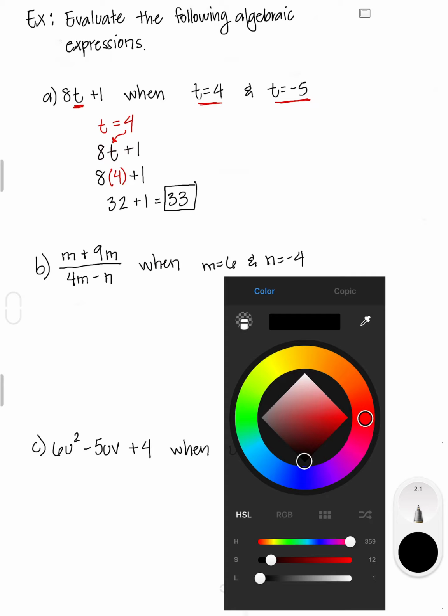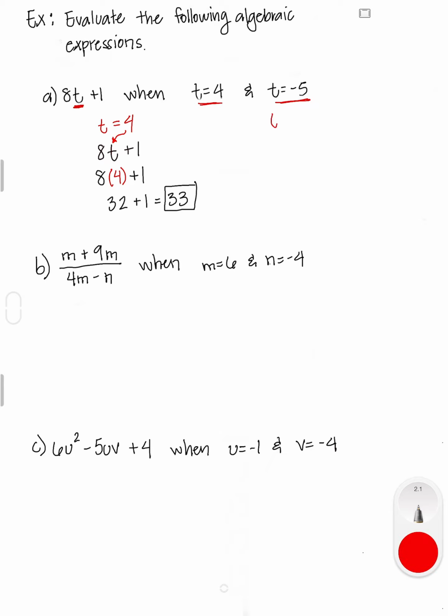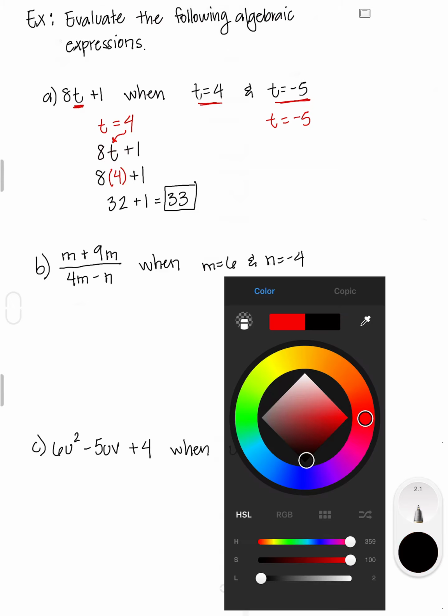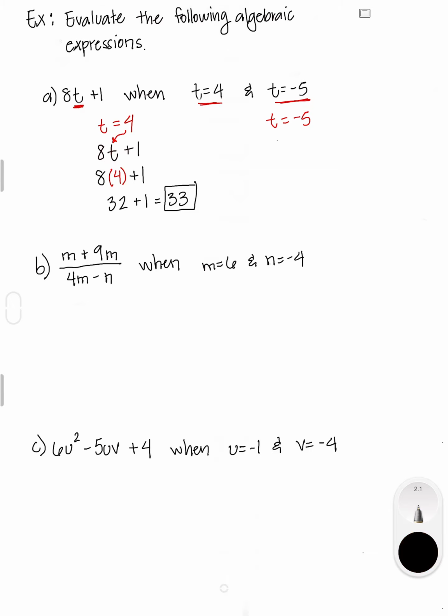Now let's go ahead and use t equals -5. And it's going to be the same process. So we have 8t plus 1, and then the -5 will be plugged in where the t is. It's kind of like the t being the main teacher and -5 being the substitute teacher. So t has to go away so -5 can replace it.